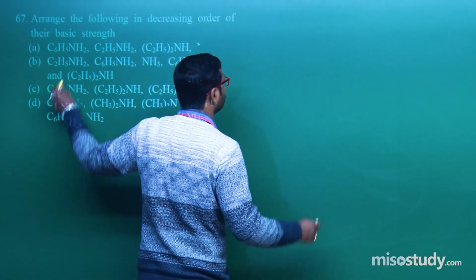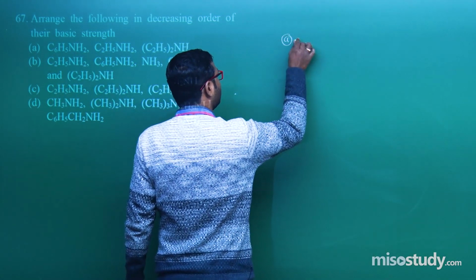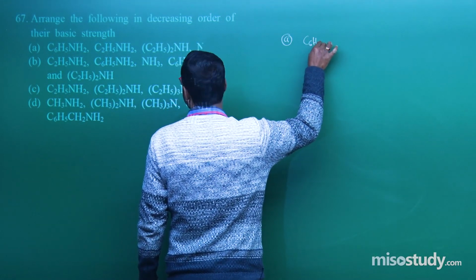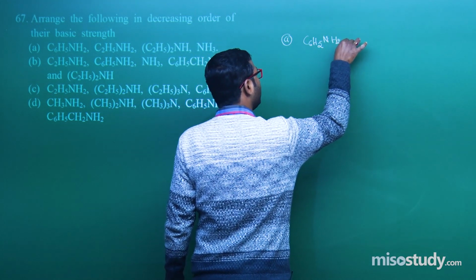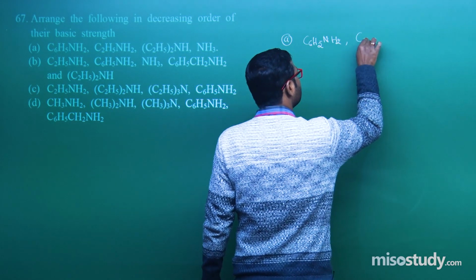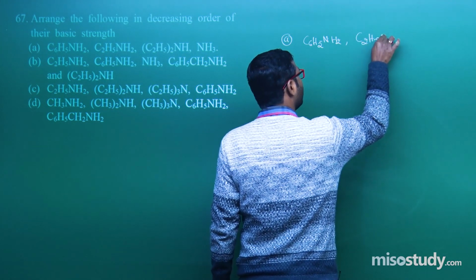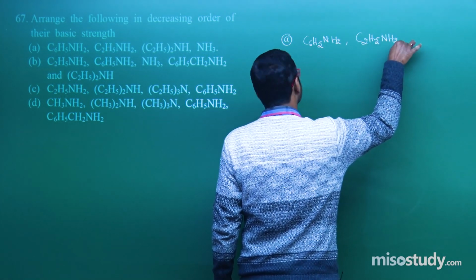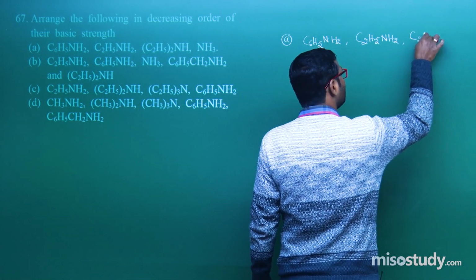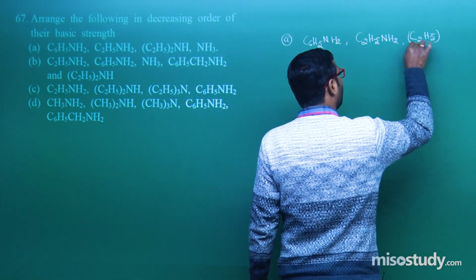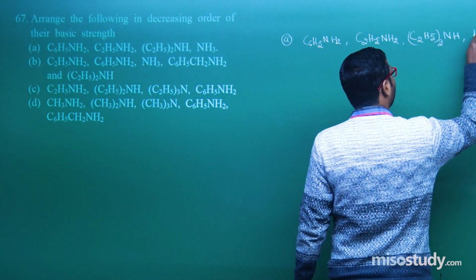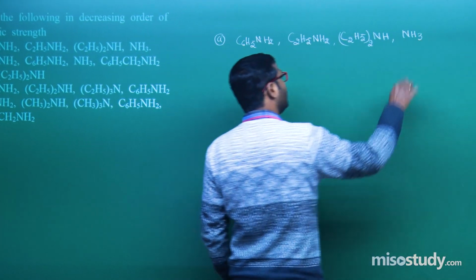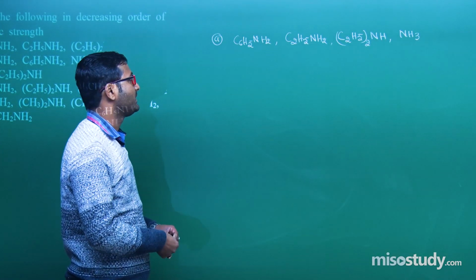First question, tell me, given C6H5NH2, then C2H5NH2, then (C2H5)2NH and NH3. Now tell me which one is more basic and which one is less basic.